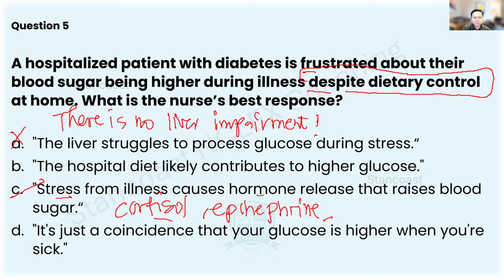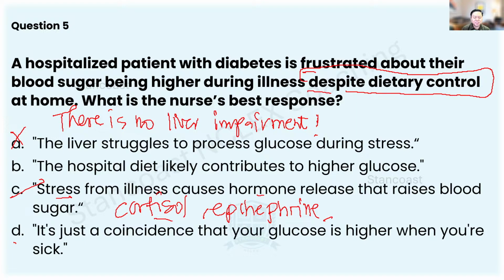If you had answered letter D, it's just a coincidence that your glucose is higher when you're sick, it's not a coincidence. It is the processing that is innate in the body. The high blood sugar during the illness is not coincidental, but it is due to the body's stress response. Letter B, the hospital diet likely contributes to higher glucose. You think that's the reason? Not really.